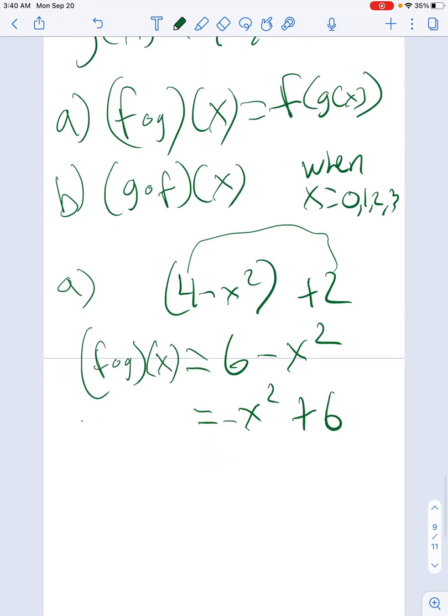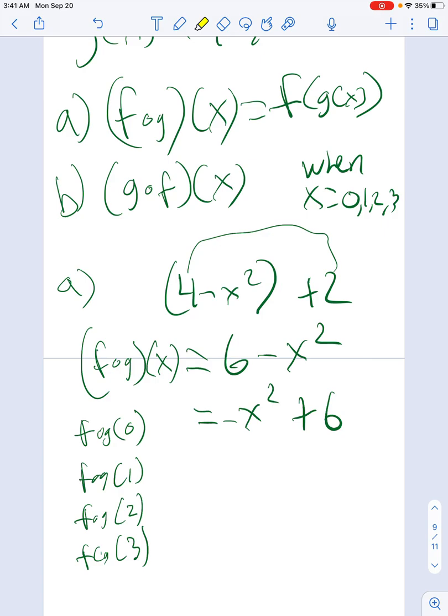Totally okay. So you could go ahead and again, you could say, well, f of g of 0, f of g of 1, f of g of 2, and then f of g of 3. Again, just plugging this number in to your equation to get the answer.